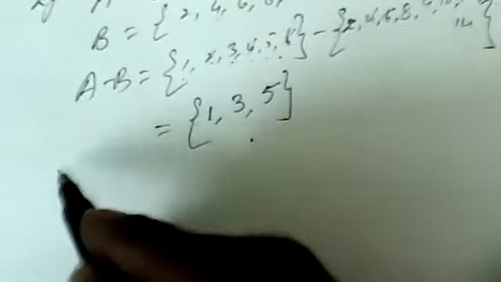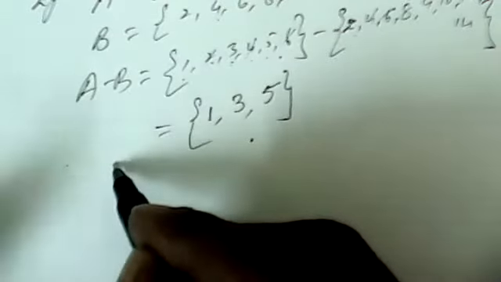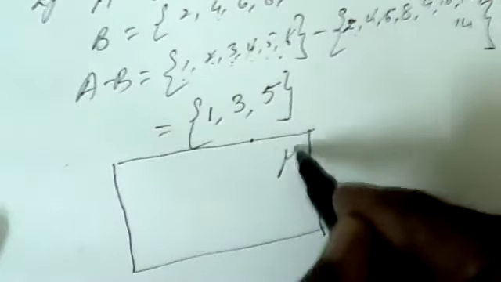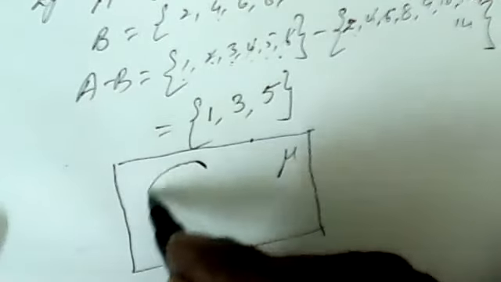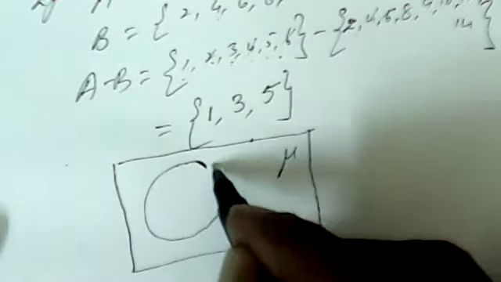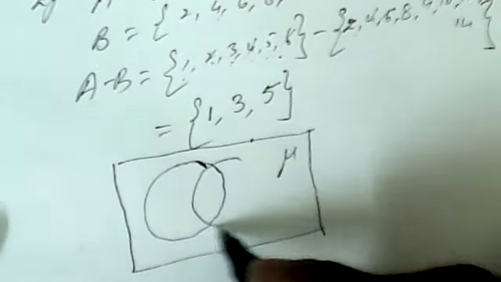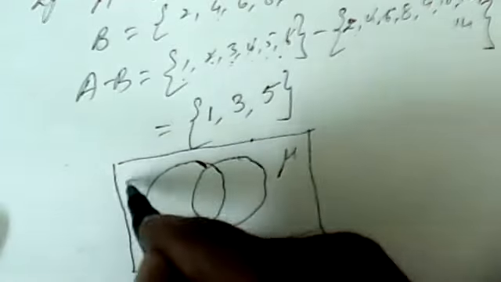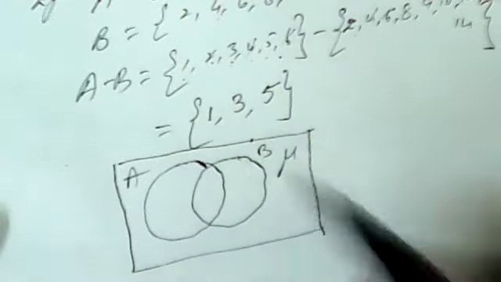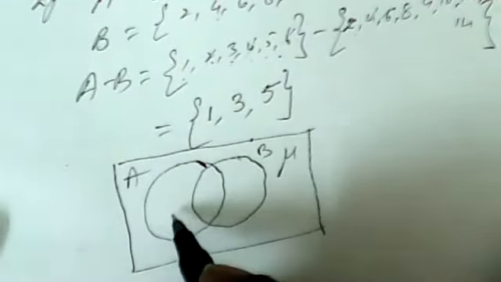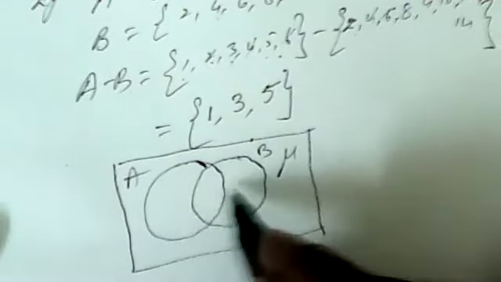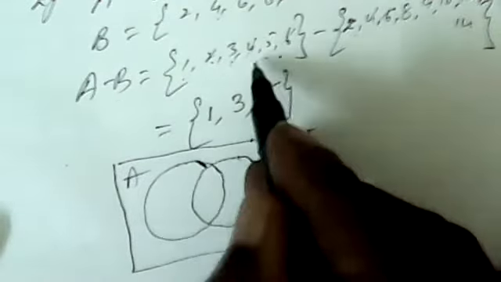So let us see now perfectly. Venn diagram देखेंगे. यूनिवर्सल सेट है, ये A है और ये B. तो A और B में कॉमन एलिमेंट्स क्या है? 2, 4, 6.